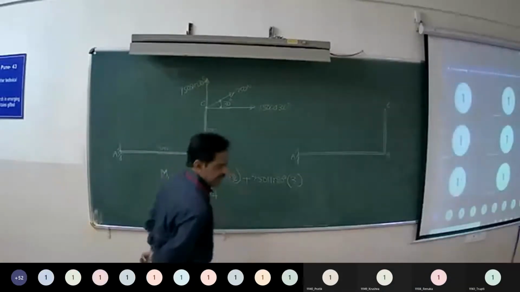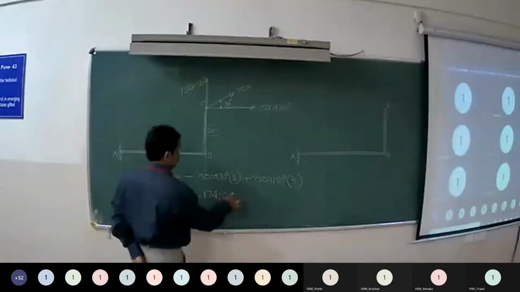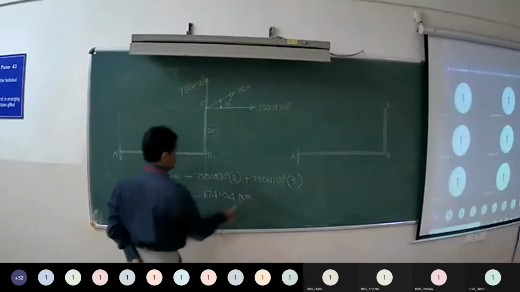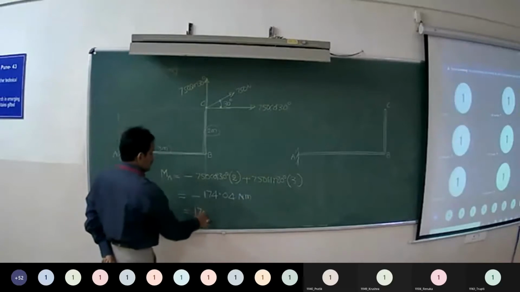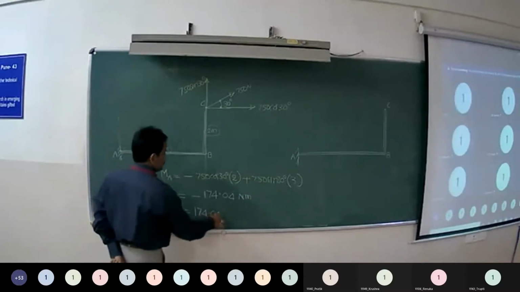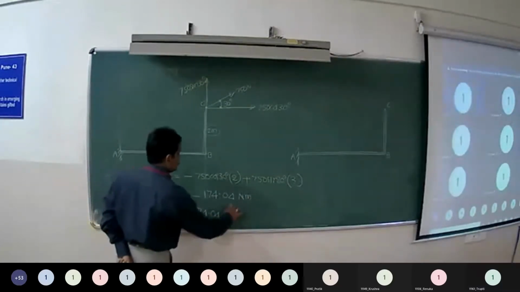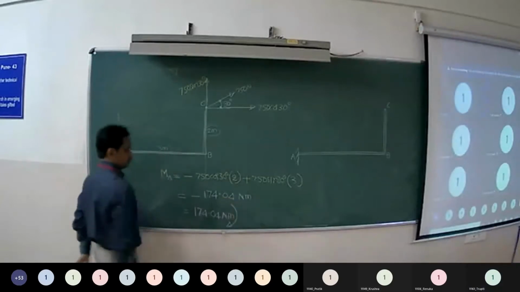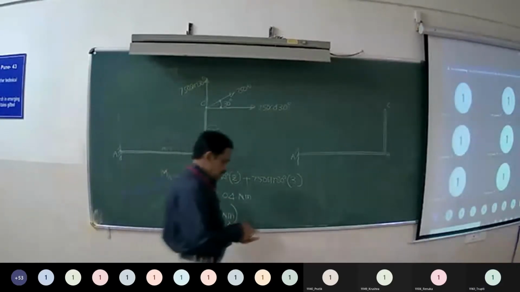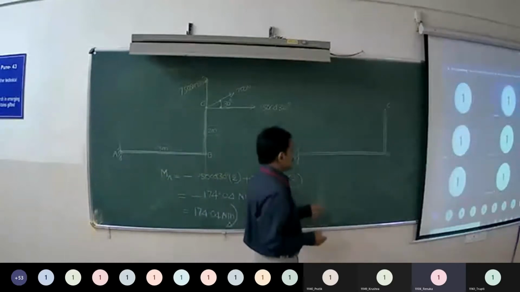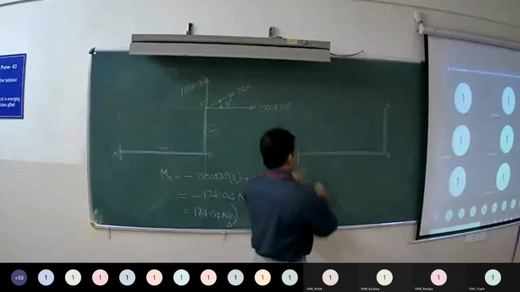So it is minus 174.04. 174.04 Newton meter clockwise. So now what is the equivalent force couple system at point A?